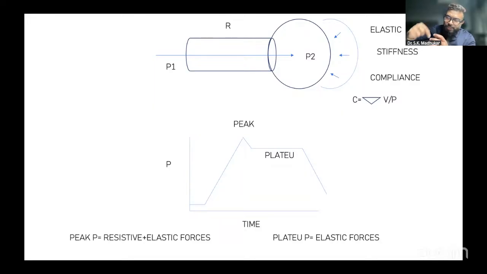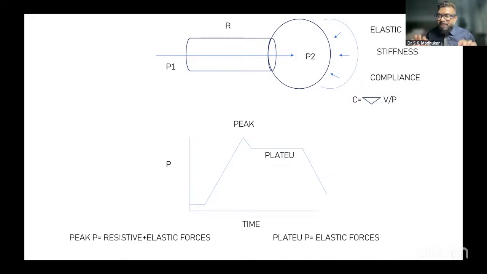So plateau pressure doesn't have to overcome the airway resistance because air is not flowing. If the flow is not there, there is no need to overcome the airway resistance. What actually needs to be overcome is only the elastic force of the alveoli, the opposing force, or the stiffness or compliance of the alveoli.